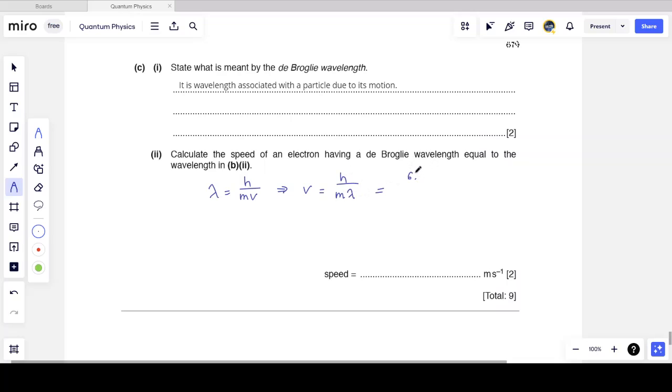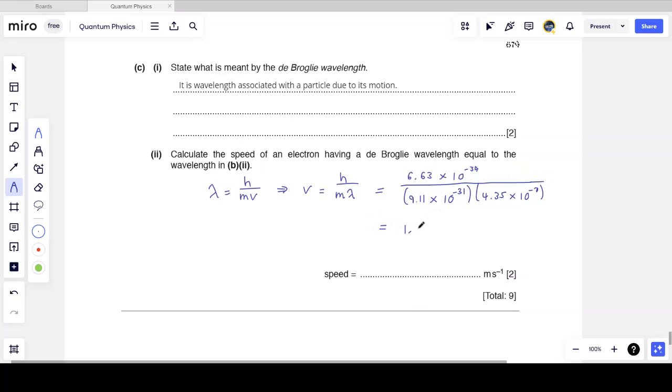Remember now, this is an electron, it's a particle, it has a mass. So that's 6.63 times 10 to the minus 34, Planck's constant, divided by the mass of an electron. Remember, this is in your data sheet, so you should be able to read this off without getting it wrong. 9.11 times 10 to the minus 31 kg. And let's assume it had a wavelength of 4.35 times 10 to the minus 7 meters.